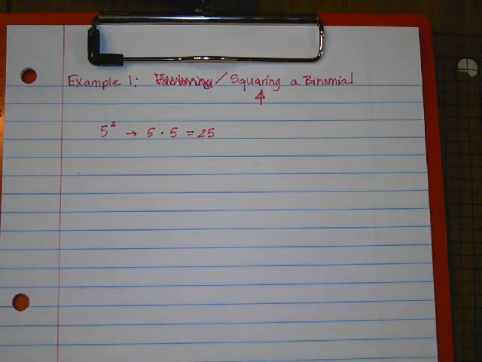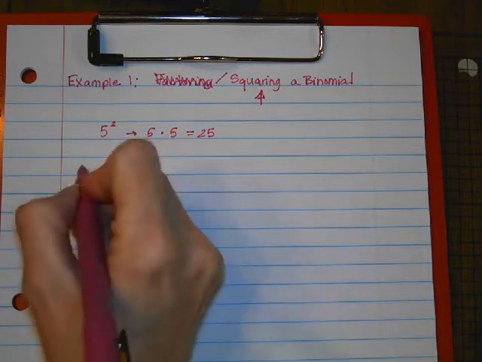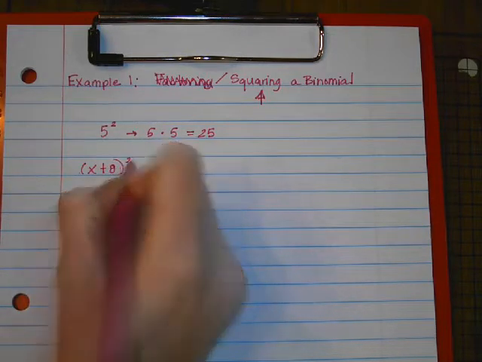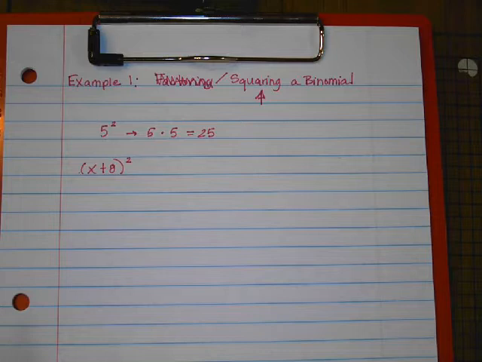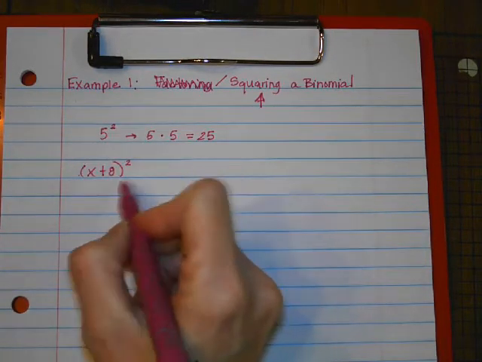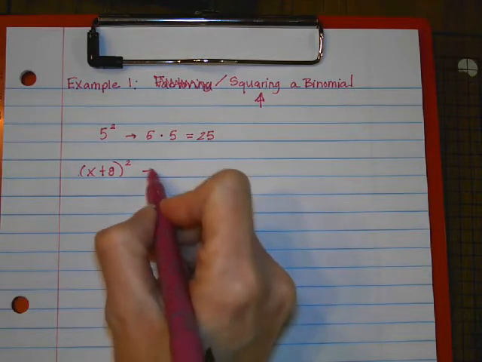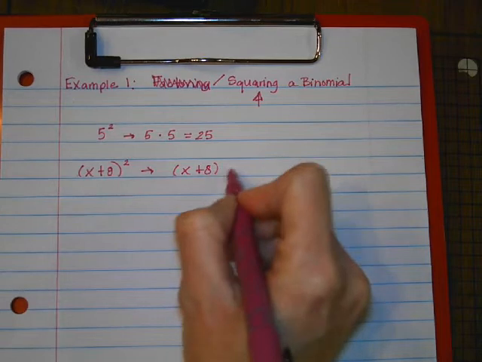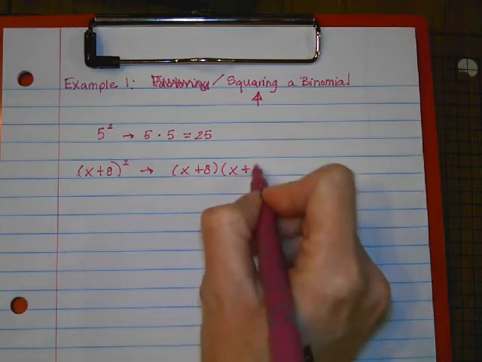We're going to do the same kind of concept, but then I'm also going to show you a method in which there's a rule for these that will help you make things a lot faster and a lot quicker. All right, so we're going to start out by showing you x plus 8 and then a squared. So just like our previous example up here with the 5, 5 squared means 5 times 5. X plus 8 squared, in essence, is saying x plus 8 times x plus 8.